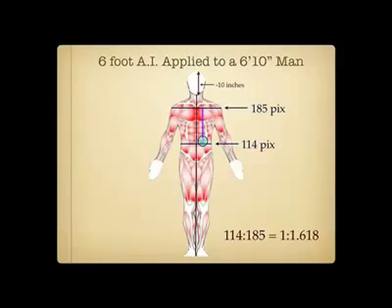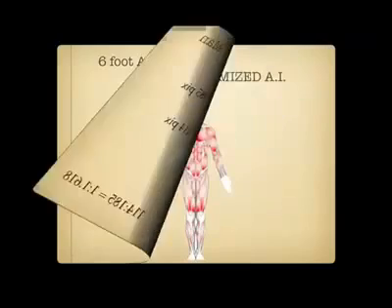Only now, see, we're off in the other direction. And what we have now is a very narrow man who still has the Adonis index with a golden ratio, but doesn't have the true Adonis index because it's not correlated to his height. So if you look at our man here, you can see that he's become very narrow. He still has a proportionately pleasing body, but not the best it could be.